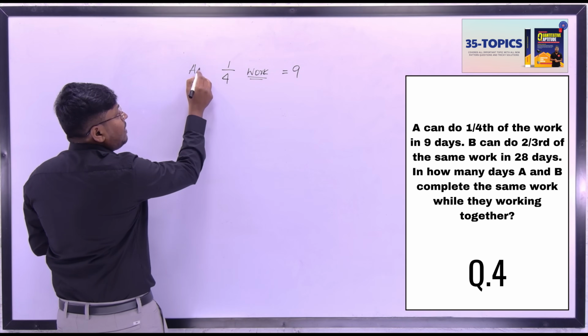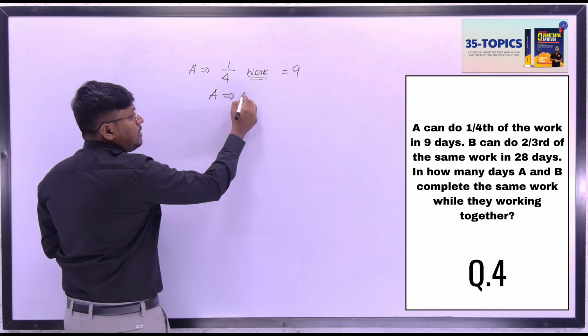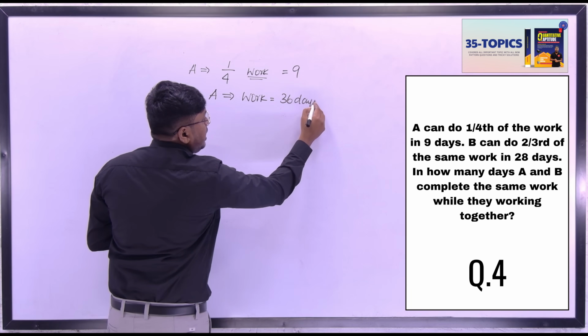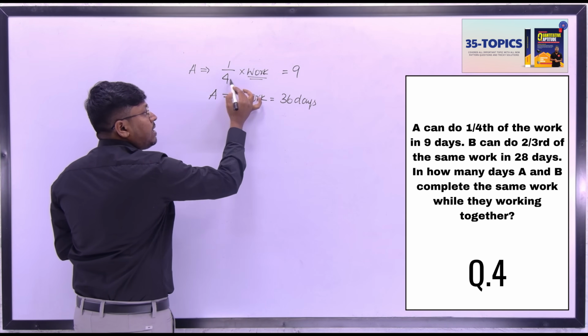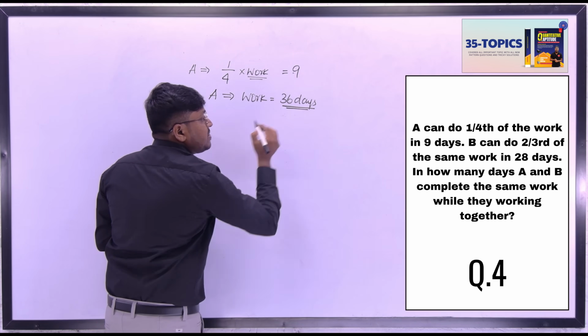So the total one work will be completed in 36 days. Yes or no? Because if he is completing 1 by 4th of the work in 9 days, then the total work will be completed in 36 days. So A alone can complete a piece of work in 36 days.